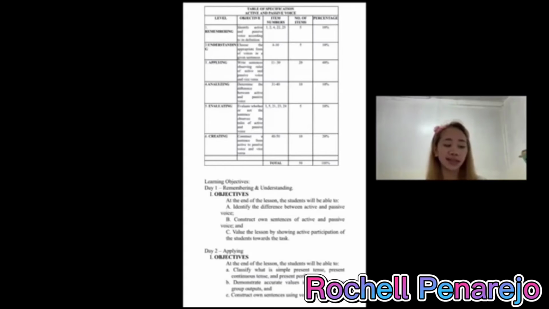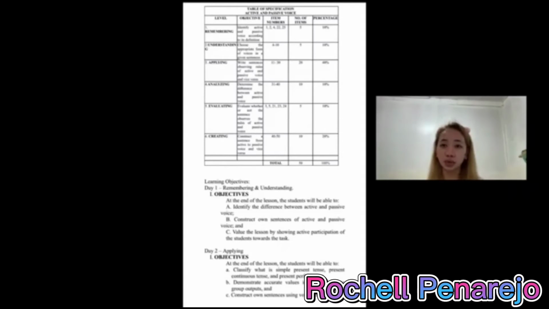Items number 6 to 10 are about the understanding part, where the student will choose the appropriate form of voices in a given sentence. So it has a number of items of 5, equivalent to a percentage of 10.